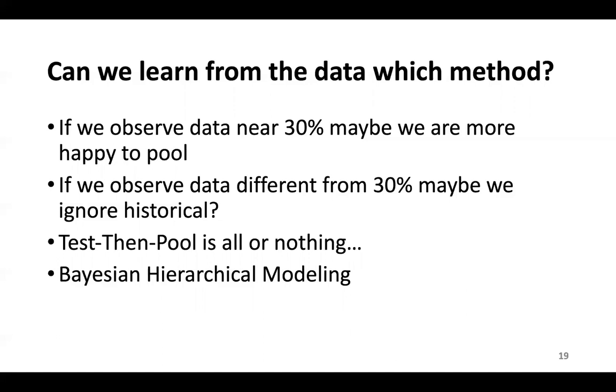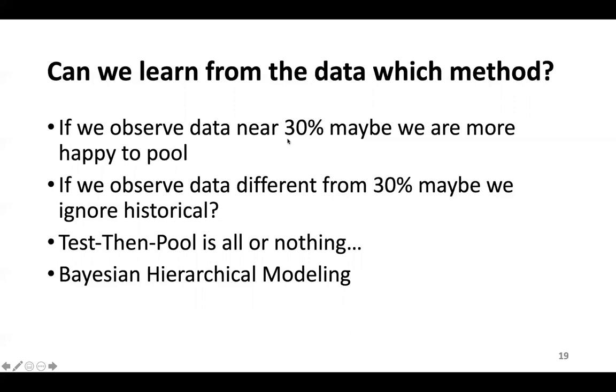I don't think we go to the extreme that say, oh, we saw 30% out of 10 patients, 3 out of 10 in the new trial, that we assume we know it's 30%, but maybe we'll fully borrow the previous data in that setting.